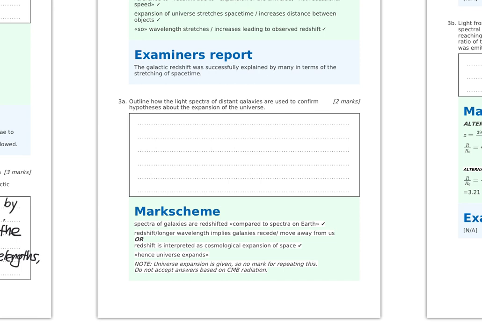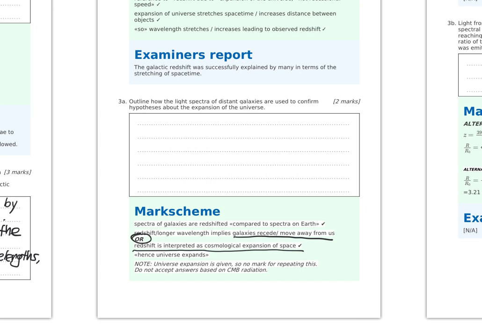It says the spectra of galaxies are redshifted compared to spectra on Earth, true, and then that redshift either is galaxies moving away, that's because of Doppler shifting, galaxies recede moving away from us, or redshift is interpreted as cosmological expansion of space. As space expands, the wavelengths that are in space are also going to expand. And if those wavelengths expand, they head towards longer wavelengths, hence the redshift.